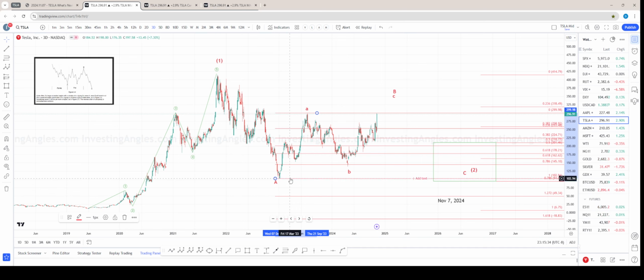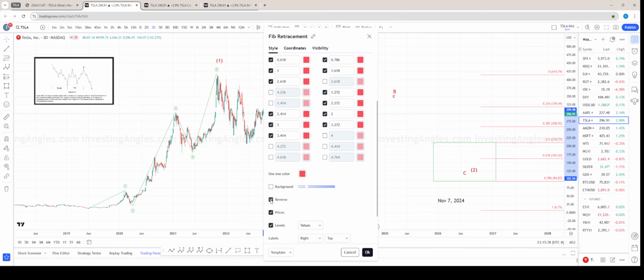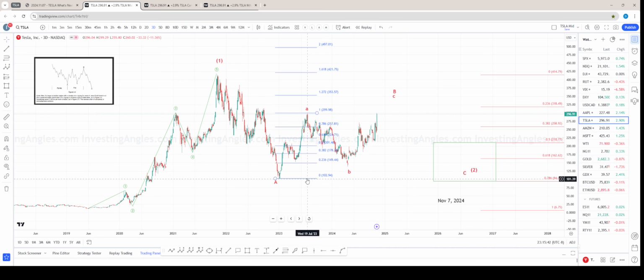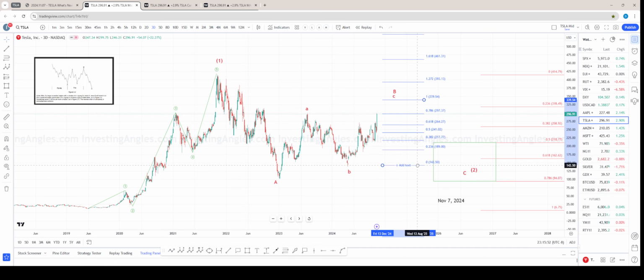Okay, we'll take it slightly differently, and we do it in a different color. So this is the length of wave A, and we are saying that, assuming this is going to be a regular flat, then wave C is probably going to be something like wave A, right?